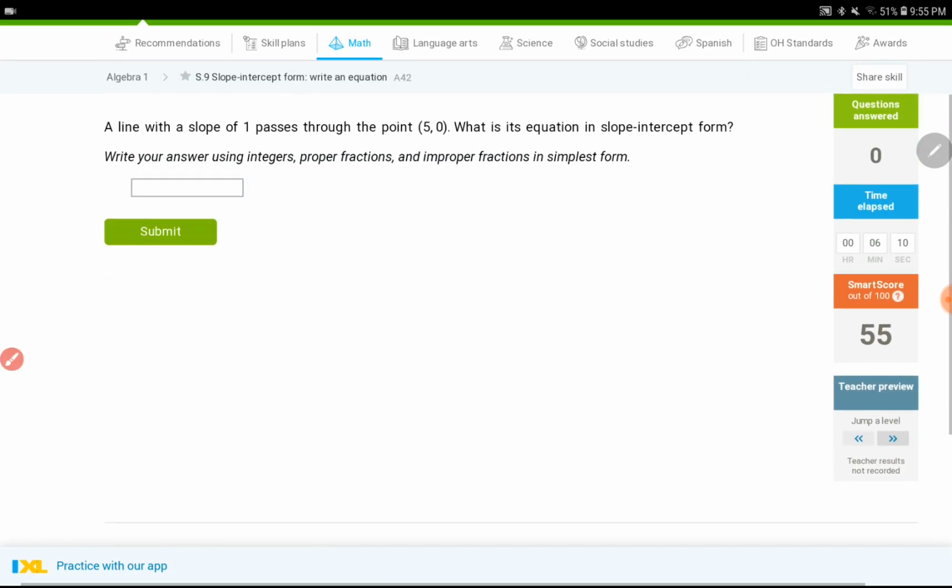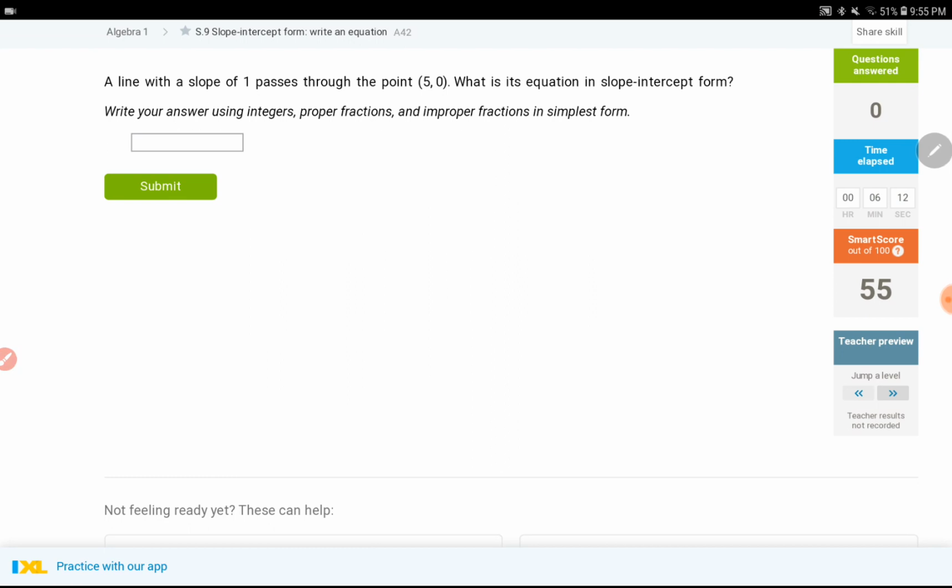Once you hit kind of 55 points, this is what you're going to see, or a similar question to this. A line with a slope of 1. So m equals 1. And it passes through the point (5, 0). So if it is passing through a point, these are called x1 and y1 values.